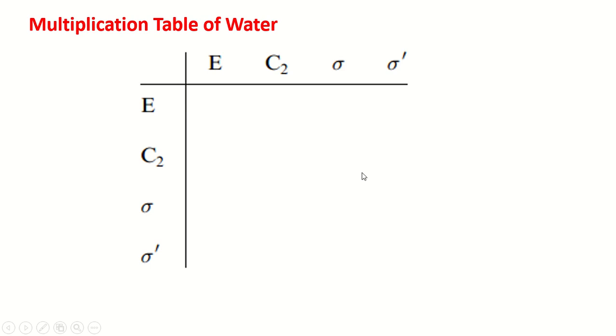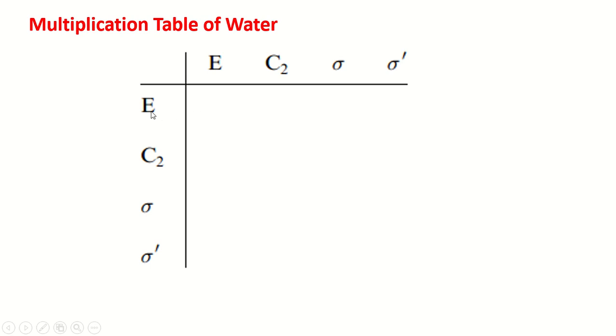First of all we combine identity with identity. What will happen if we combine identity with identity? The resultant would be the same, which is identity. So we need to write E over there.